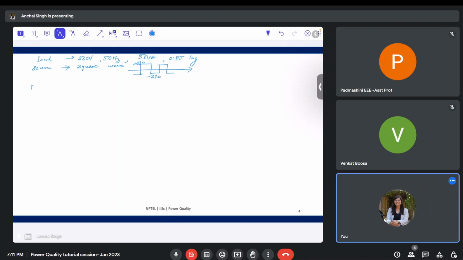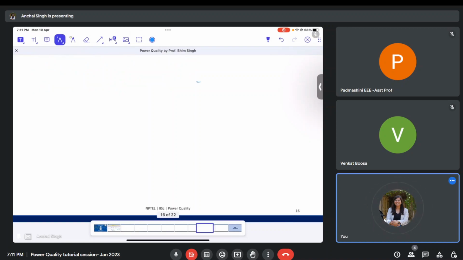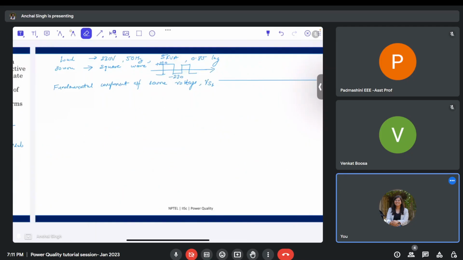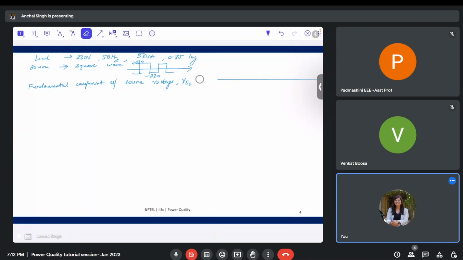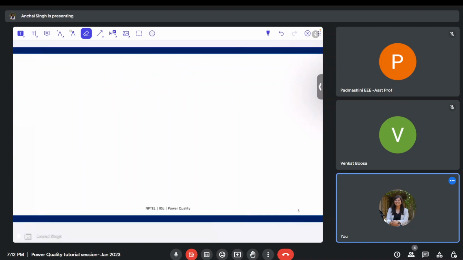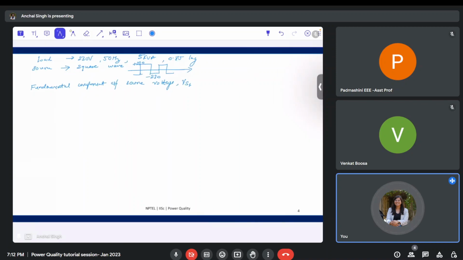So the fundamental component of source voltage, which we can call Vs1, can be written as 0.9 times Vs, and Vs is the peak amplitude of the square wave, which is given as 230 volts.